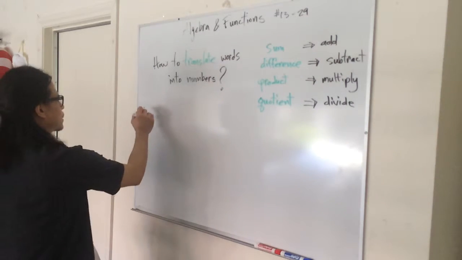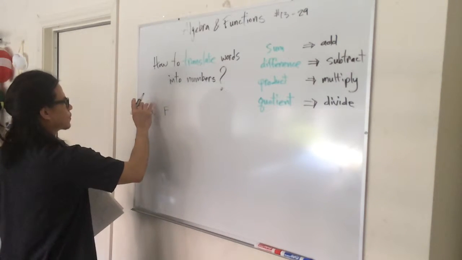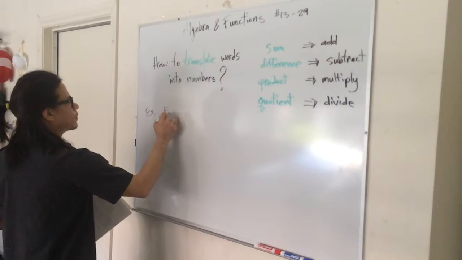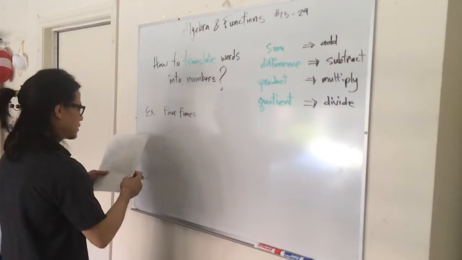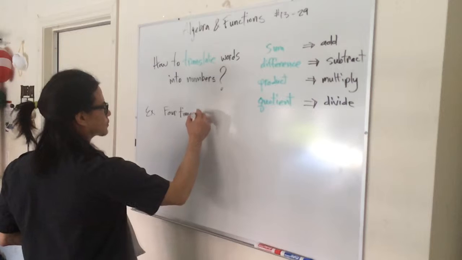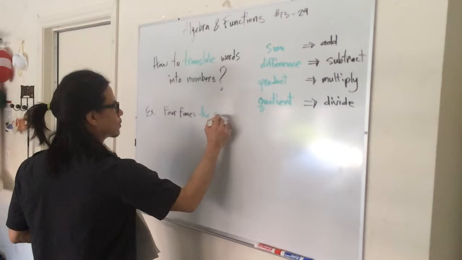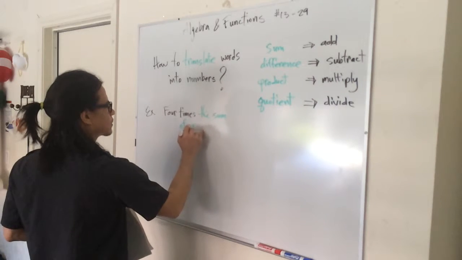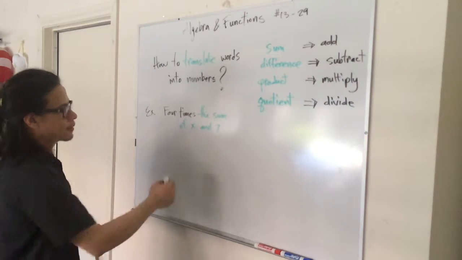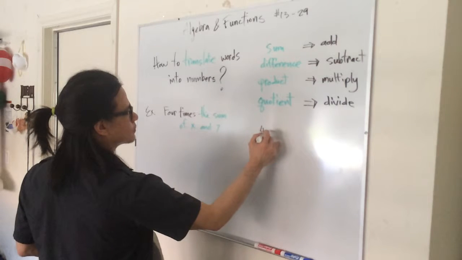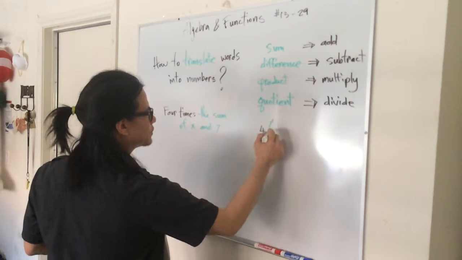Okay, so let's look at some examples here. Let's say 4 times the sum of x and 7. Okay, so 4 times the sum of x and 7.